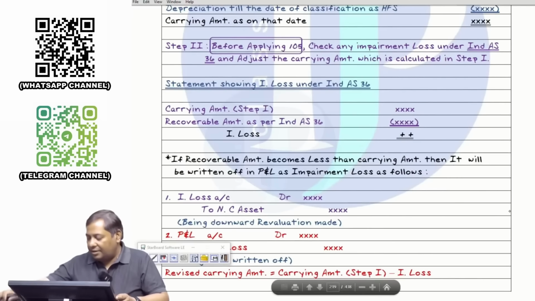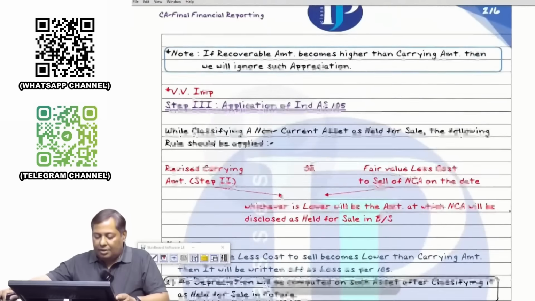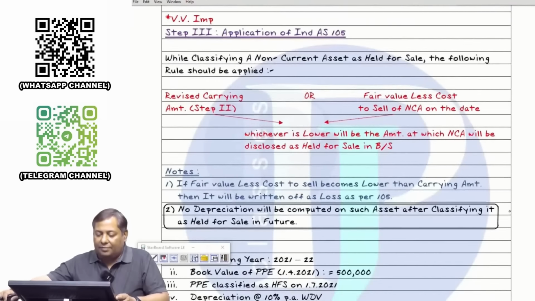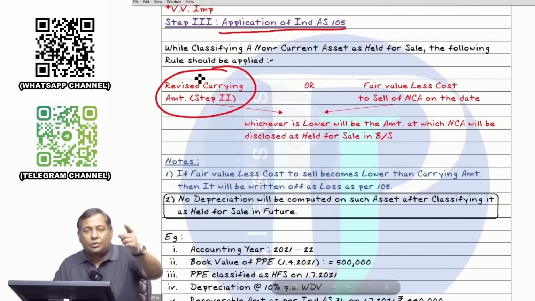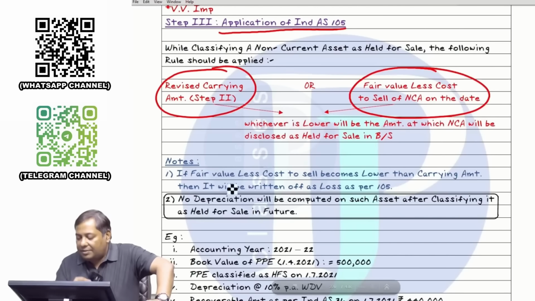Then we came to the third step, which I made you write in the class. Application of 105: the revised carrying amount which has arrived in the second step after impairment loss and net selling price, whichever is lower. And if there is any decline, then that decline will be written off in profit and loss.